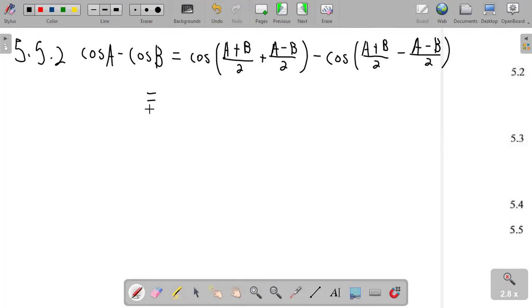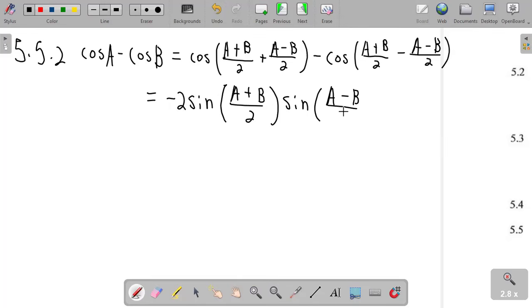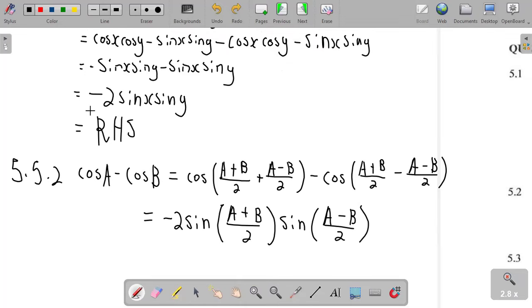So then, according to the equation above that we just proven, this means that this thing is equal to -2 sine A plus B over 2, and then sine A minus B over 2, according to what we just proven here, this over here. We're following that. See.